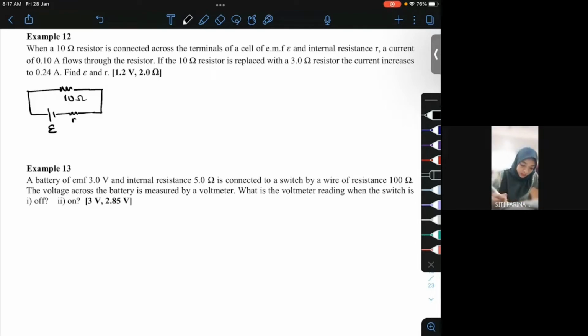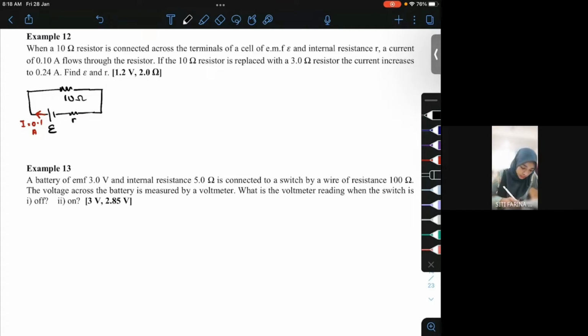So for this particular case, you're going to have current of 0.1 ampere flowing in the circuit. Okay, if the 10 ohm resistor is replaced with 3 ohm resistance, the current increases to 0.24 ampere. Find EMF and the internal resistance.